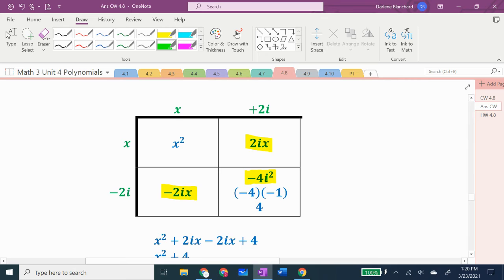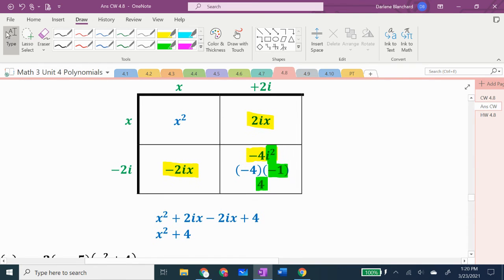You want to remember that i squared is equal to negative 1. So what you have is negative 4 times negative 1, and you end up getting 4. So multiplying that pair of conjugate complex numbered factors leaves you with a nice, simple x squared plus 4.